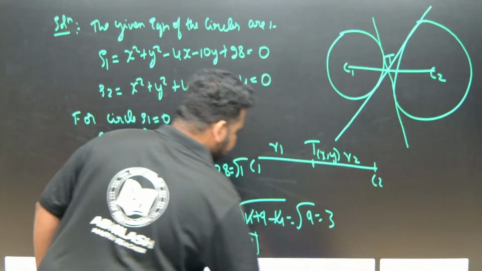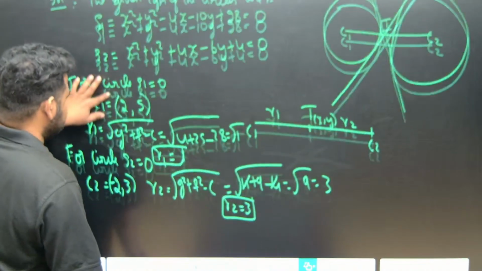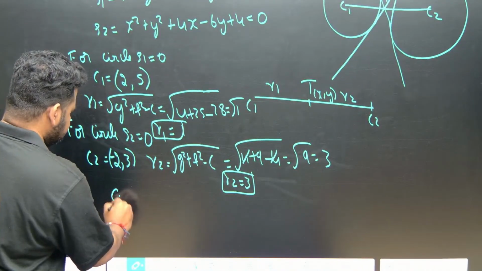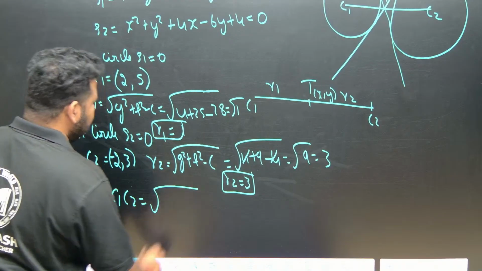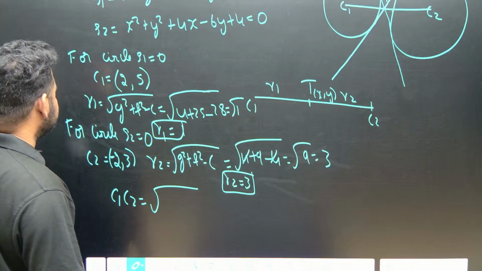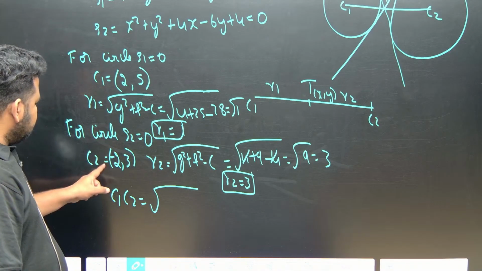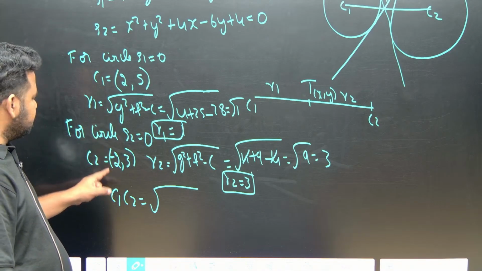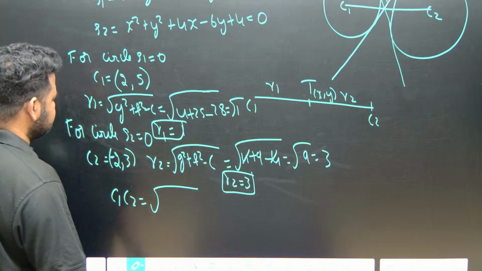Otherwise we will find out how it is internal, let us find out. C1 C2 distance, by the distance formula: x2 minus x1, minus 2 minus 2, is minus 4, square is 16.